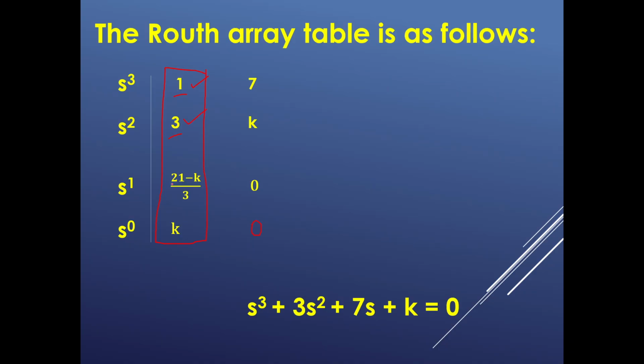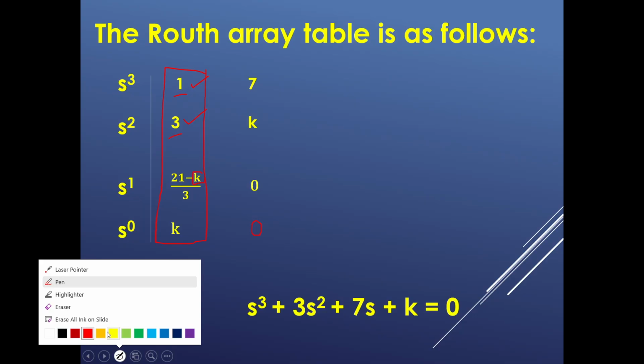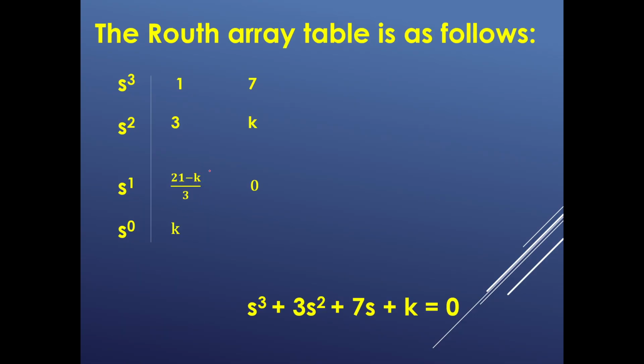Next 21 minus k by 3. I don't know the value of k, isn't it? Then I can't say whether the system is stable or not. Again in the fourth row k is there. I don't know the value of k, so I can't say whether the system is stable or not.